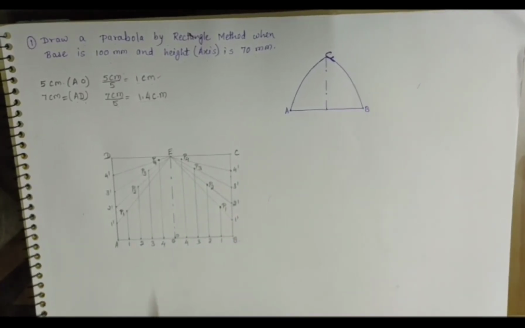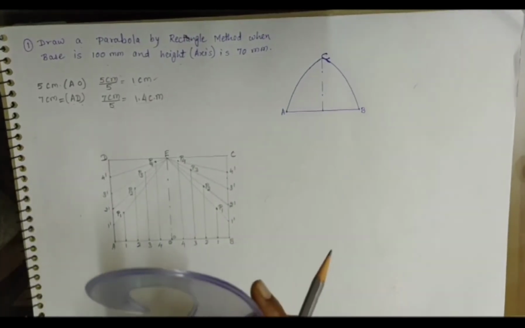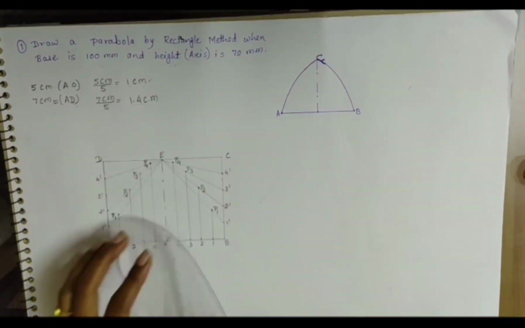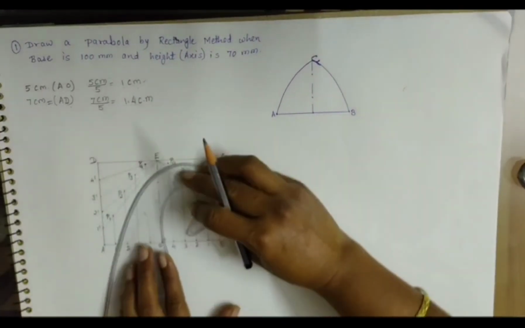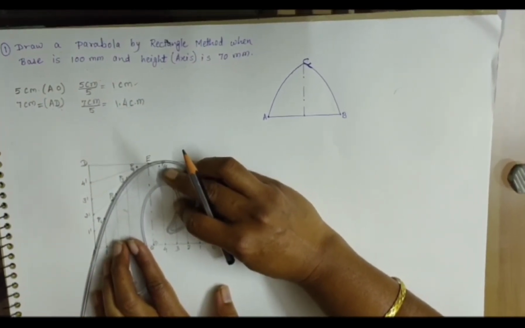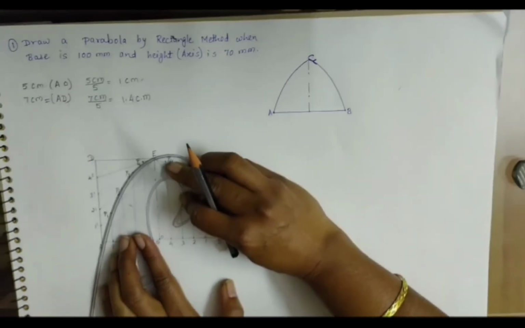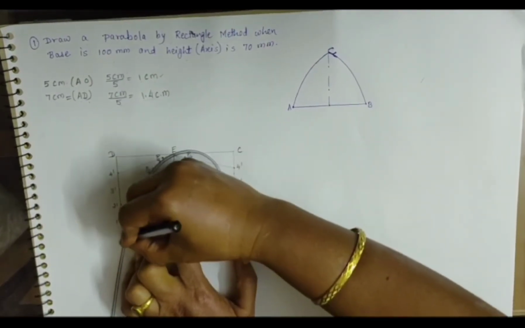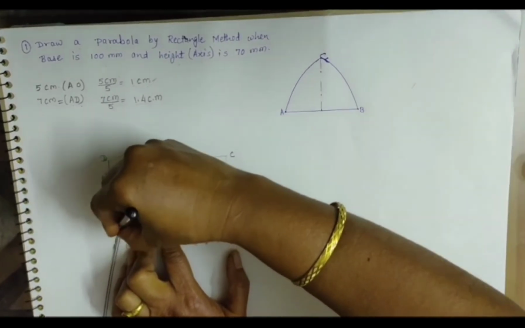Now we have to join them with the help of a French curve. We will start from here. You can see that each point is meeting in a single stroke.